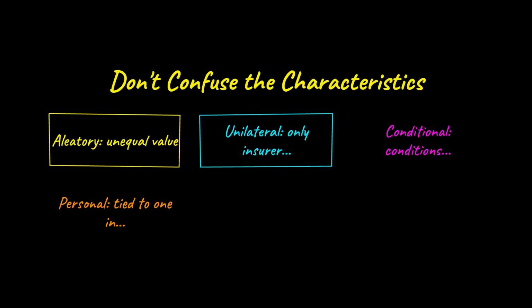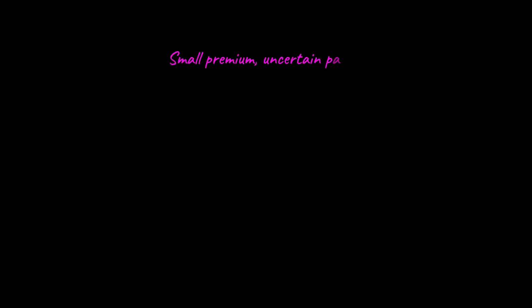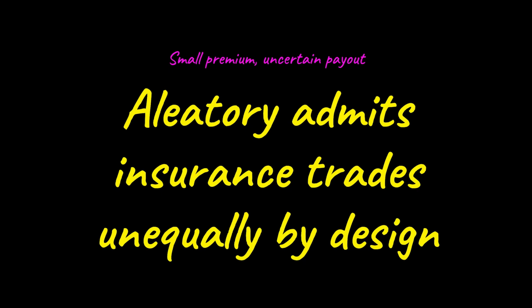Conditional is about requirements like filing proof of loss, and personal is about non-transferability. Only aleatory names the chance-driven, possibly lopsided exchange of value. Across the whole pool, these unequal, chance-based exchanges balance into stable protection, even though no single policy trades equal value. That honest admission of chance is what aleatory means.